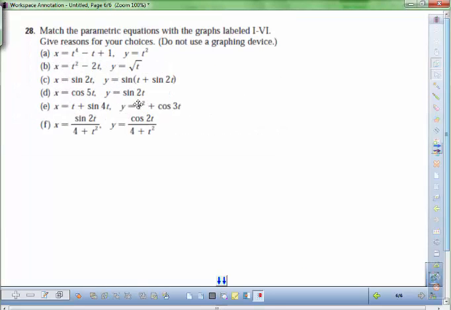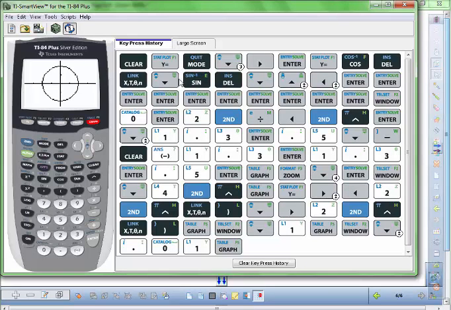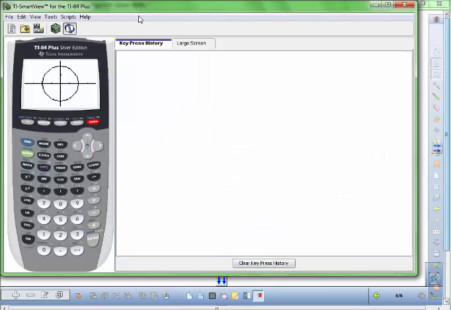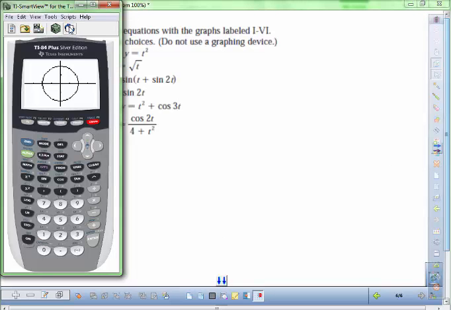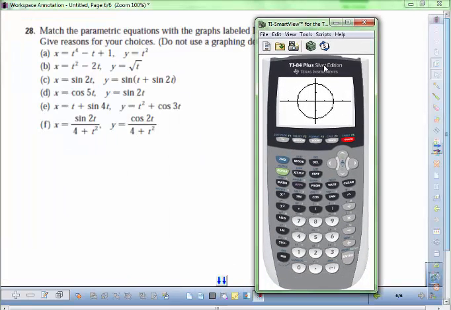Now that you know how to do this in your graphing calculator, you should be okay just plotting these. Let's do a couple of them in the graphing calculator and see how they might look, and see how we can adjust our graphing calculator windows and parameters so that it would actually fit these graphs.